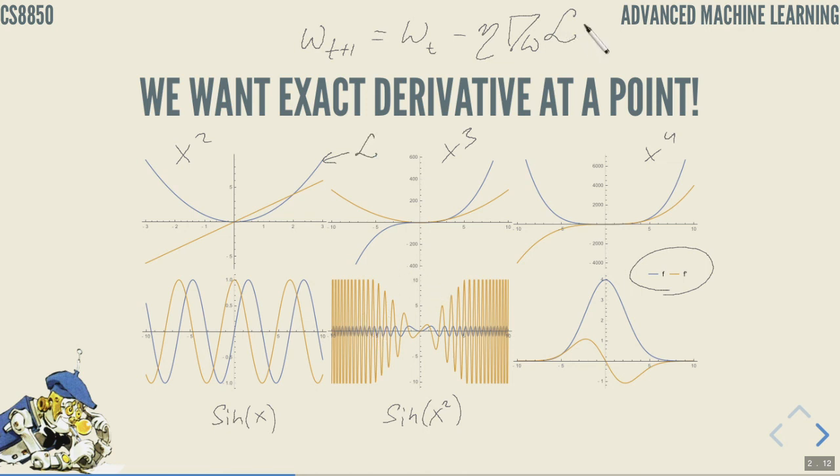But this function is already at some value of w at the previous value. So say we are here. When we're computing this update, we just need to know this value, the value of the derivative. So let's say we are here. This is our old wt.